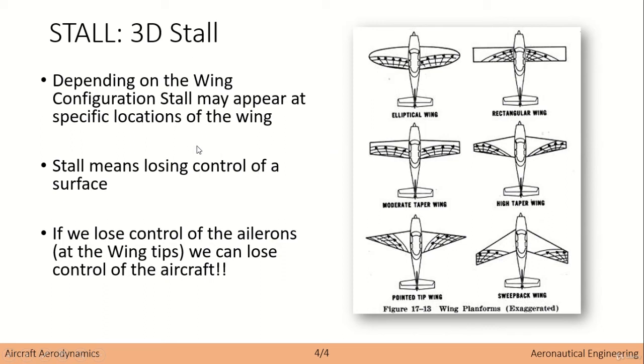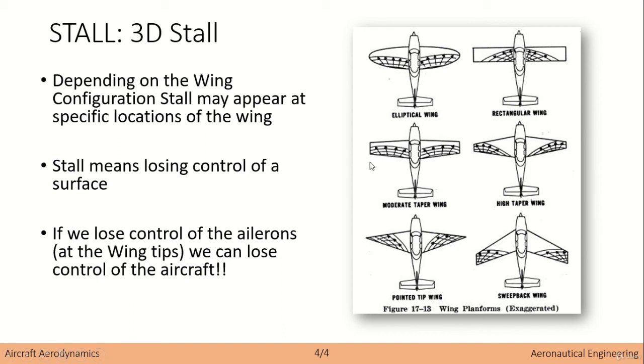Right, another thing that I want you to know is that stall generally means losing control of a surface. And this means that if we have ailerons, okay, we will discuss this in some mechanical terms of maneuvering.